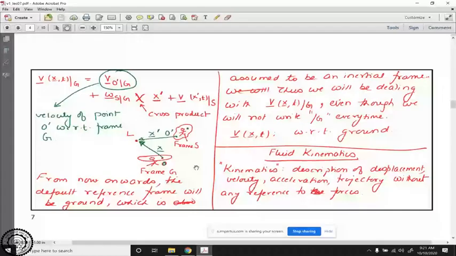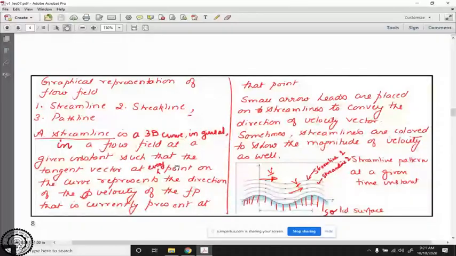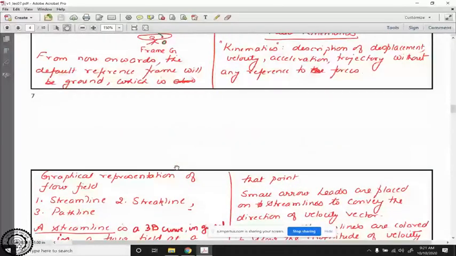And that's why I'm segregating these 3-4 lectures under this heading, fluid kinematics. And also it follows the sequence of general mechanics. First you deal with kinematics, then you will bring in forces, and full dynamics you will have later on in the course.